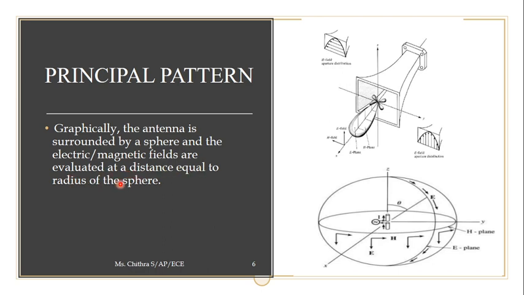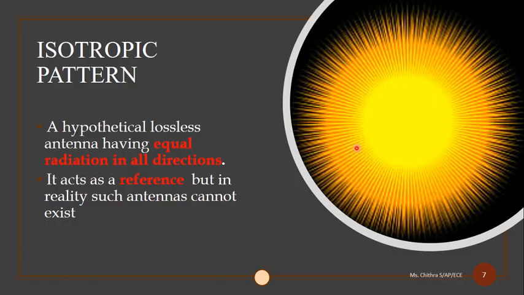We already saw that R is equal to 2L square by lambda, and after 2L square by lambda we reach the far field region or the Fraunhofer region. So when we draw the radiation pattern evaluating at a point at a distance equal to the radius of the sphere, the radiation pattern that we obtain is what we call the principal pattern of the antenna.